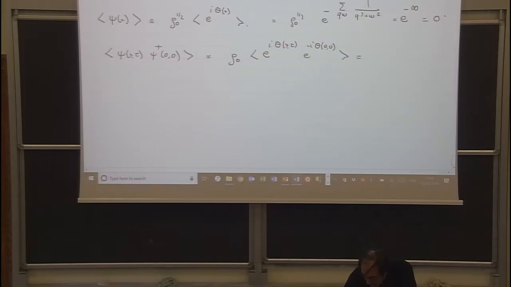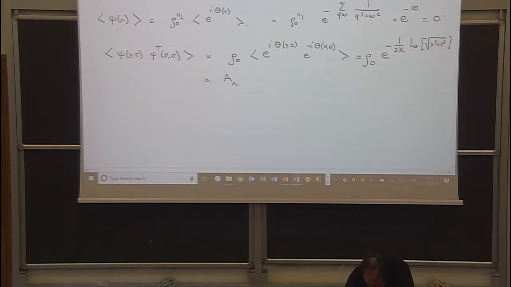And again, I let you do it as an exercise, but using the formulas from the Hamiltonian, it will give essentially, again, exponential of 1 over 2K log of square root of x squared plus tau squared. So this is decaying as a power law with, again, an amplitude which depends on the cutoff.